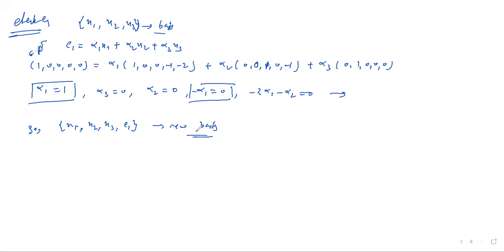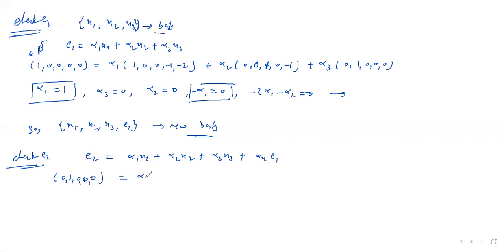Okay, so we have got four vectors here. We'll have to extend it by one more. So let's check for e2, whether it is forming a basis. E2 equals alpha 1 x1 plus alpha 2 x2 plus alpha 3 x3 plus alpha 4 e1. And what is our e2 vector? It is 0 1 0 0 0.